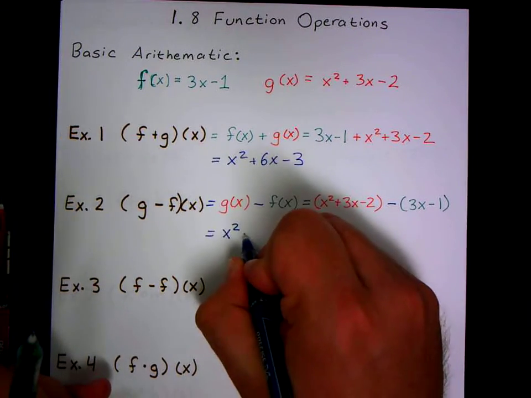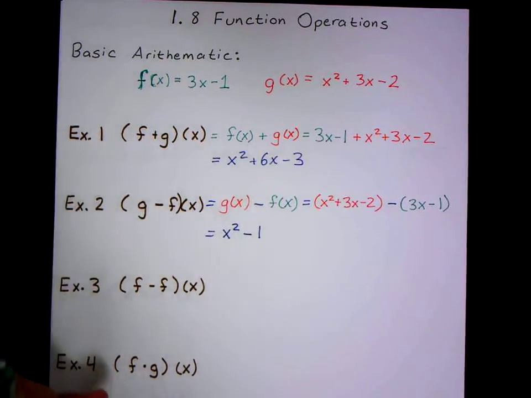You would need to make sure that you got x squared minus 1. The biggest mistake I would see usually on a quiz or a test is x squared minus 3, because a lot of times people would apply the minus sign to the 3x, but then they would forget to apply the minus sign to the negative 1.